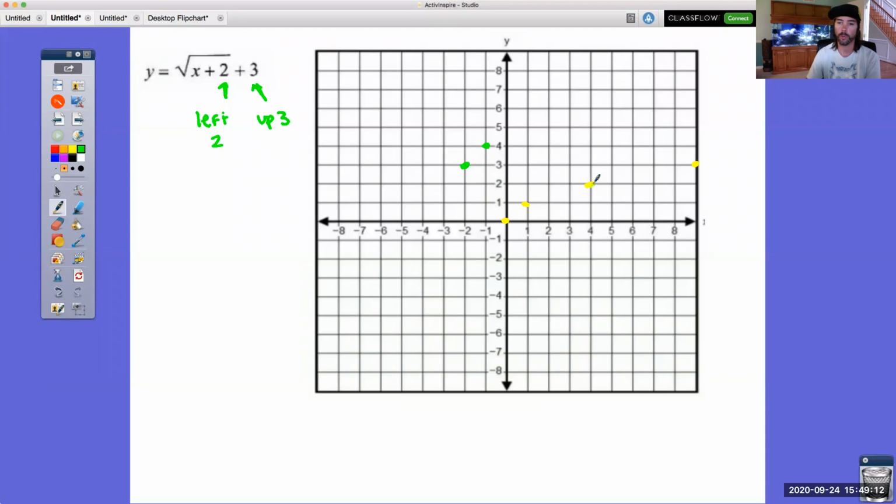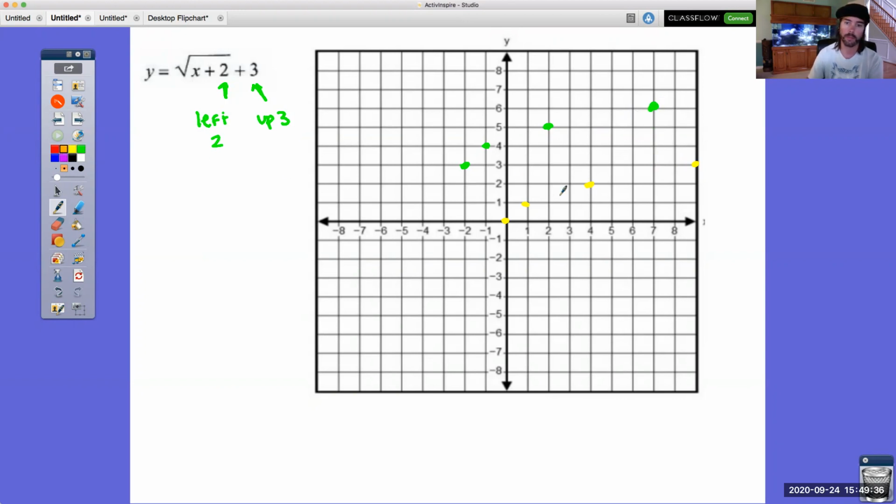Moving 4, 2 from your parent function: up 1, up 2, up 3, left 1, left 2. I went out of order there, but it doesn't matter because it lands me in the same spot. Left up is the same as up left. The last one: left 1, left 2, up 1, up 2, up 3.